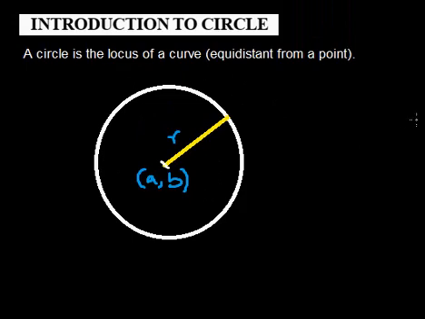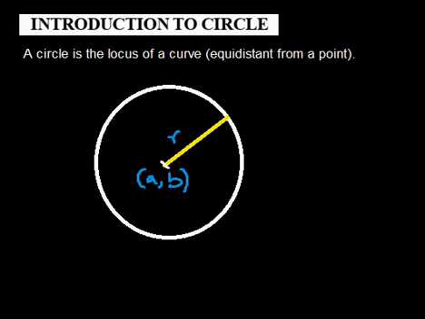So the locus of that curve, you draw a curve, then that curve goes around, and your protractor starts from the center. So the locus of a curve equidistant from a point, that's what a circle is.